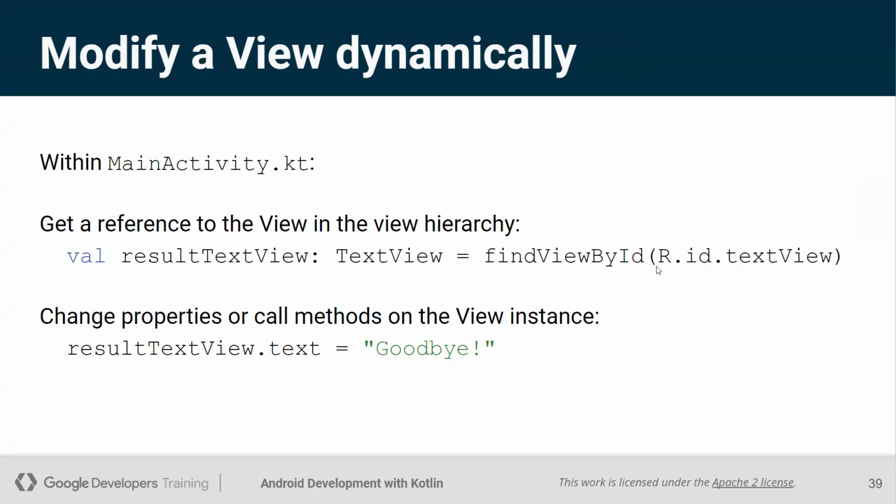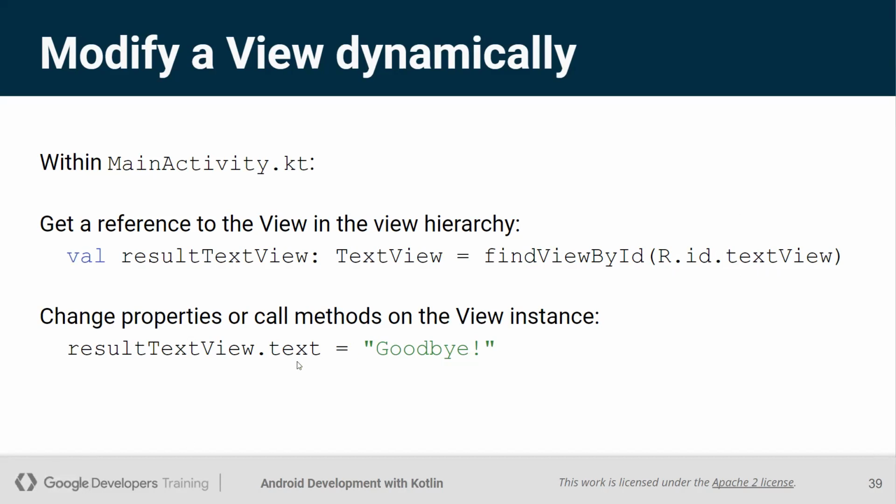Using that command, we can access the different views with a certain ID. So if we define the ID name as text view, we can access it using R.id.text view. If we define the text view name as hello or something, we have to write R.id.hello, right? The ID name should come in here instead of text view, right?